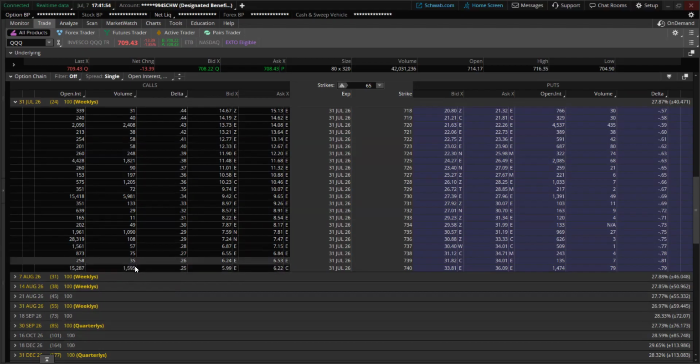Again, the volume was much higher than the open interest. When I was looking at the timestamps, I knew that on that 15,635 volume, they sold the call options at the bid. So they sold the 730 calls, the 736 calls, and the 740 calls. Extremely bearish. Big money, smart money, speculating the stock was going to go lower.